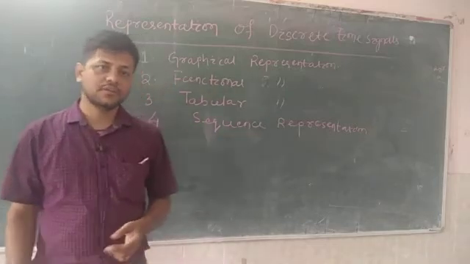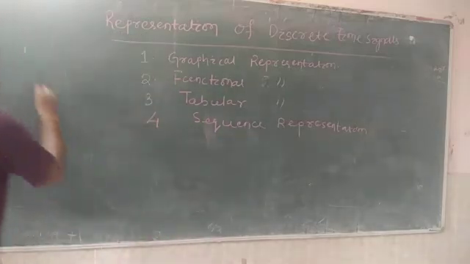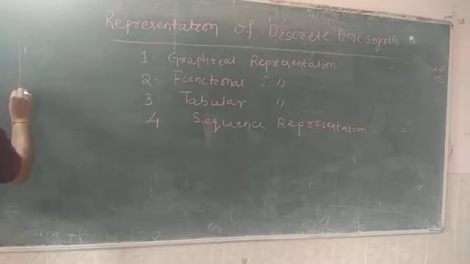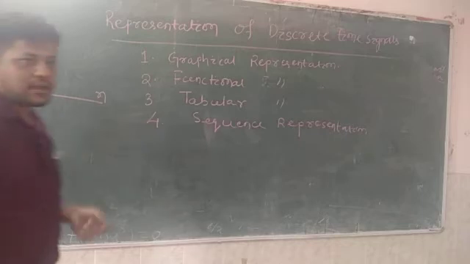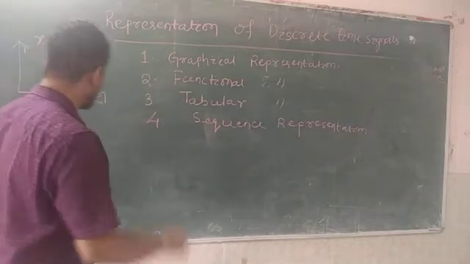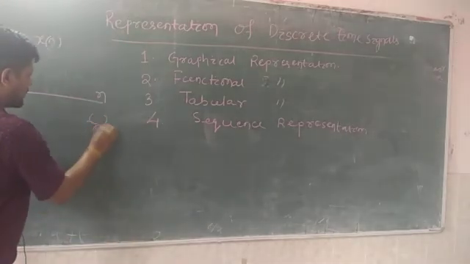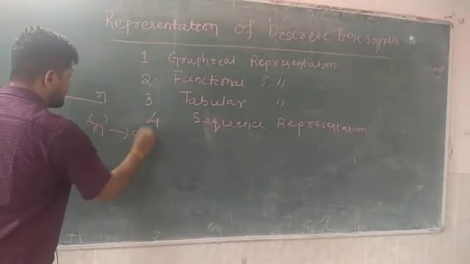So first of all, a discrete time signal means I just want to plot a graph between x[n] and n. Here I have already explained, n denotes the discrete time.